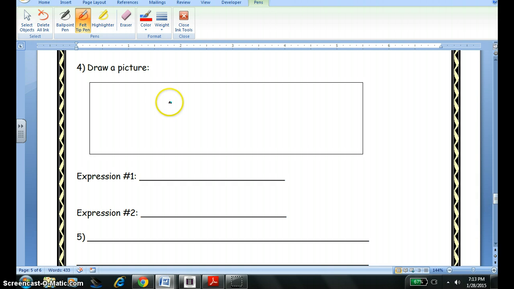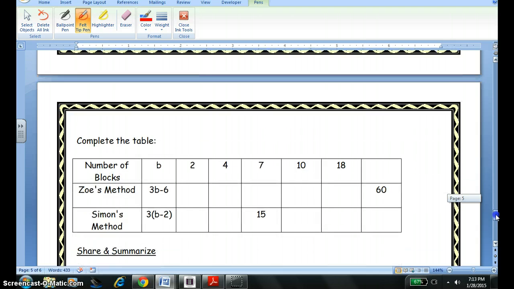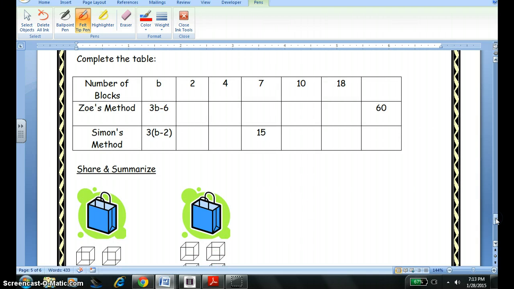So this here I kind of talked to you about already. So you're going to draw what it looks like taking the blocks out. Let me show you the table, if you will. If I'm looking at Zoe's method, what Zoe's doing here is she's taking the number of blocks, multiplying it by 3, and then subtracting 6.